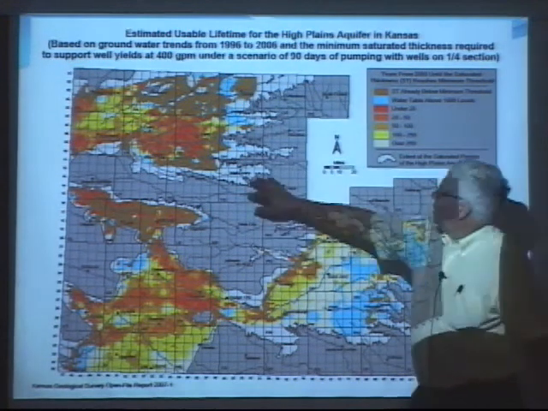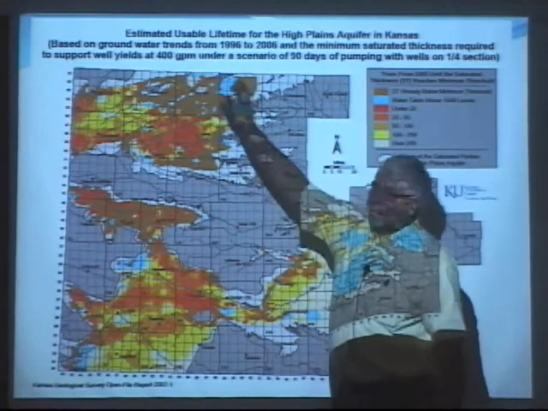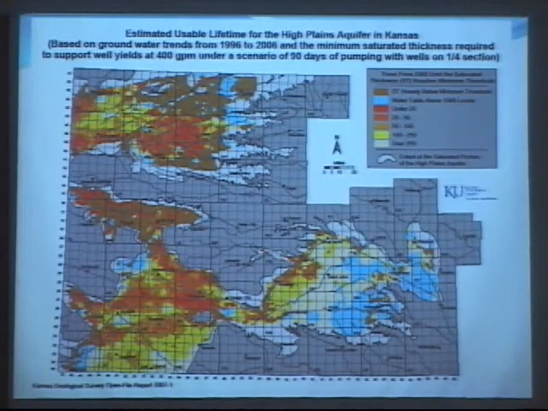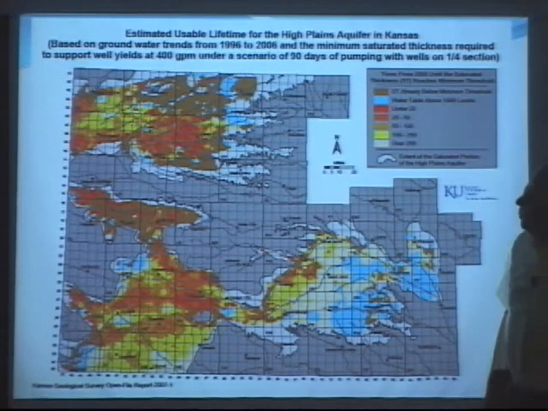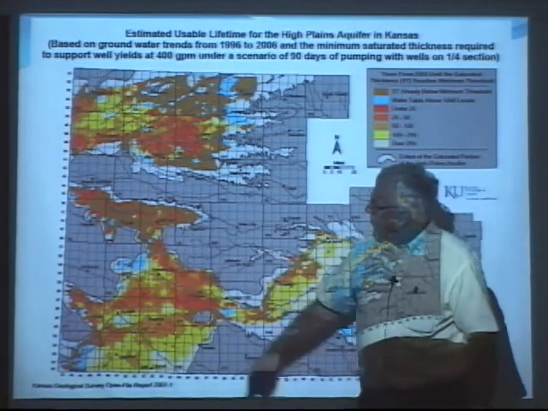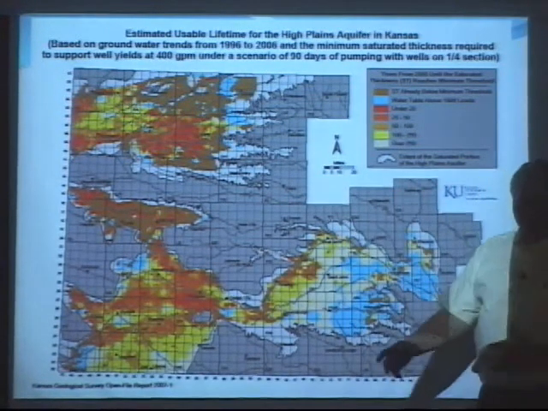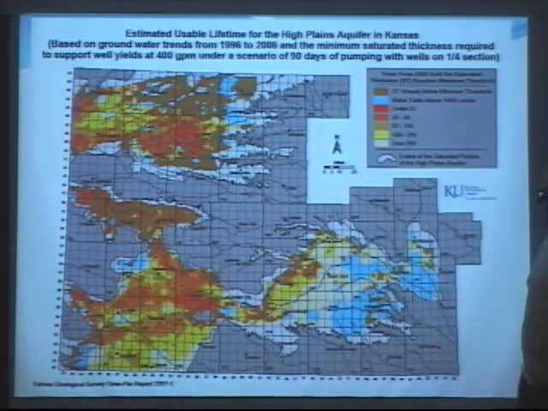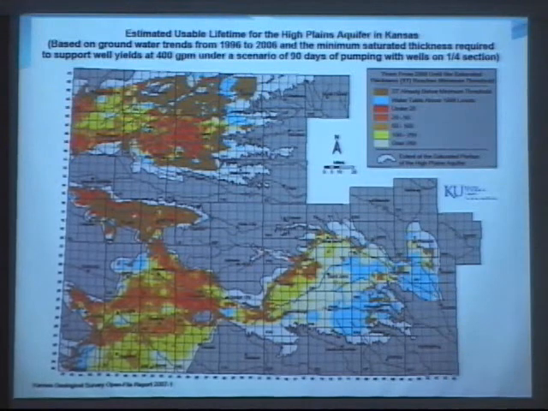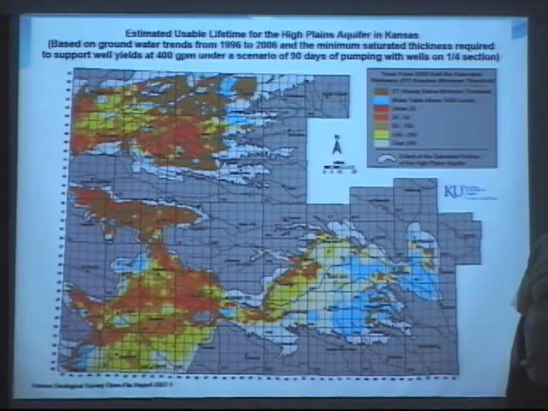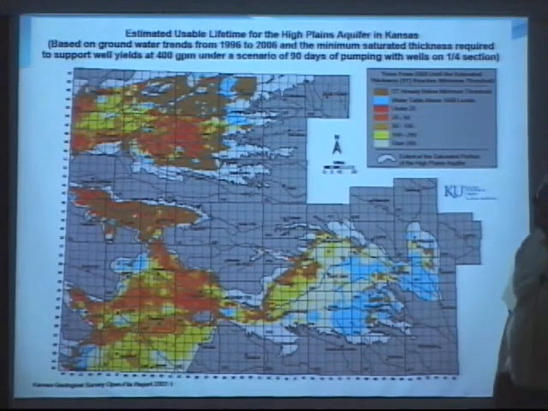Up in the northwest area, considerable areas have a similar situation, probably where the water was thinner anyway. In the southwest, there are certainly some, but this is where we have the greatest amount of water still present. But you can see the red would be under 25 years of current usage being left.